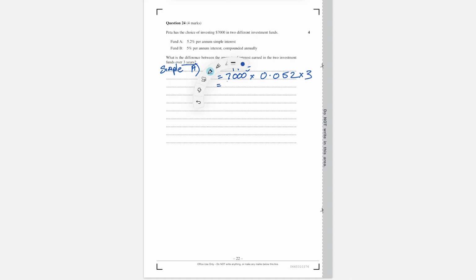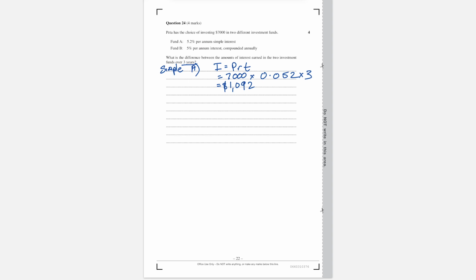All right, putting that into our calculator, 7,000 times 0.052 times 3. We get 1092. That's how much interest we earn over the 3 years.